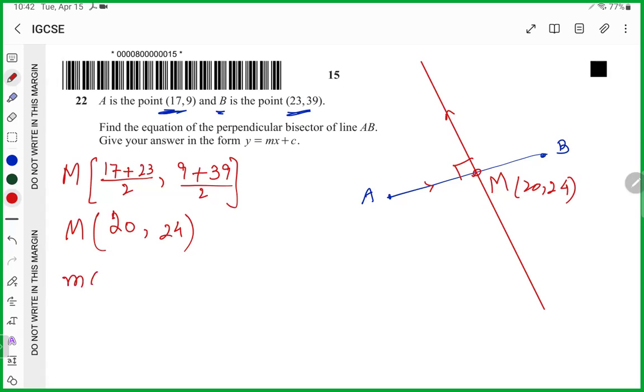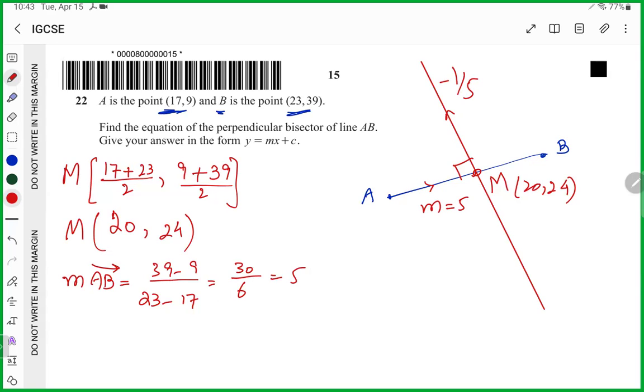And then what is the slope of AB? The slope of AB is going to be 39 minus 9 over 23 minus 17, that is 30 divided by 6. So the slope is equal to 5, and the perpendicular slope is going to be minus 1 by 5, right?